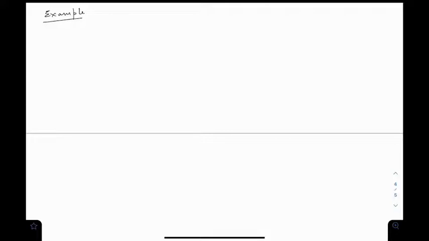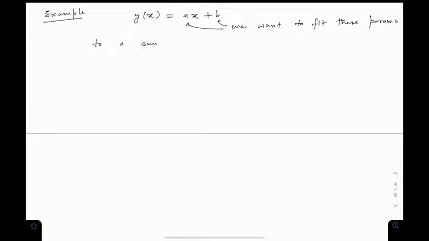So we fit the parameters of a straight line to a sample of points with uncertainties delta i of the ordinates, that is the y coordinates.